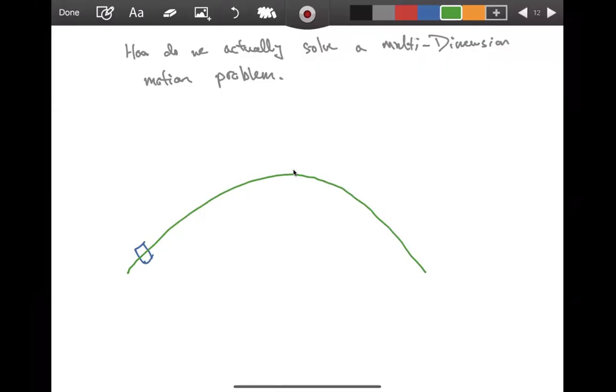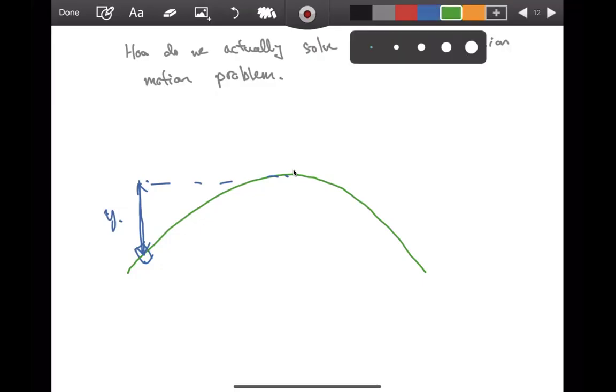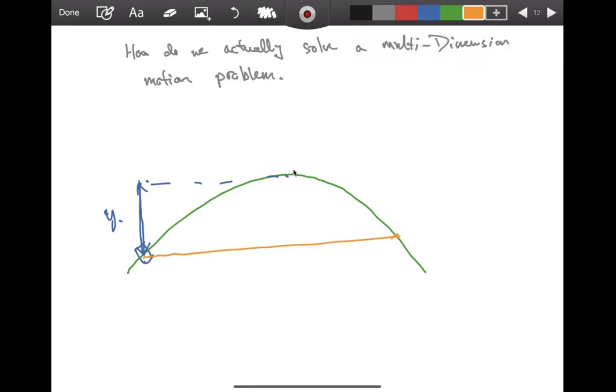The overall motion can be broken down into two things. How it moves up in the Y direction, to my maximum Y here, and then how it moves back down. So it's moving independently in the Y direction. And then in the X direction, it's going to move from this location to this location. So it's moving in the X direction as well.